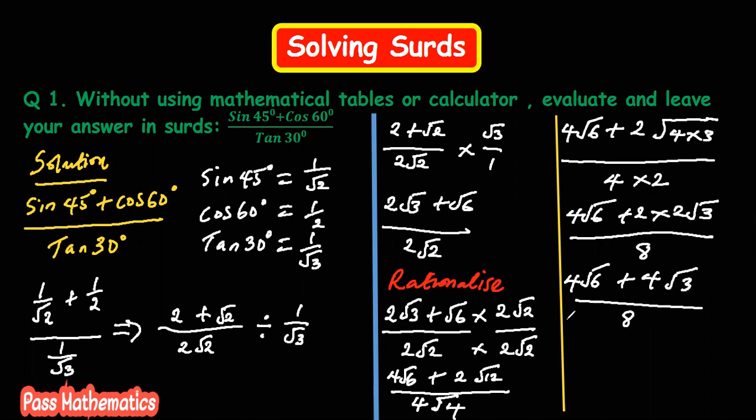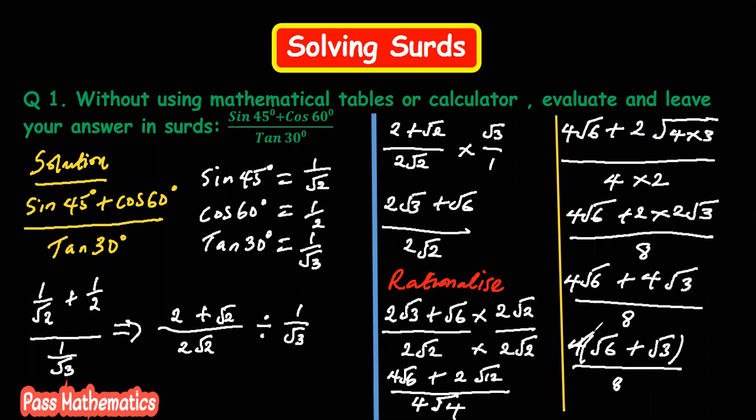Then we take the common factor 4, root 6 in a bracket, plus root 3, bracket, divided by 8.